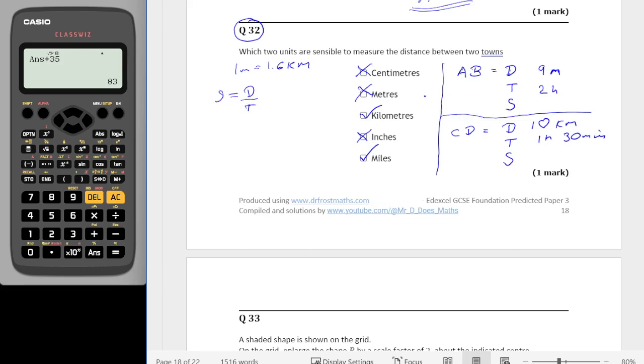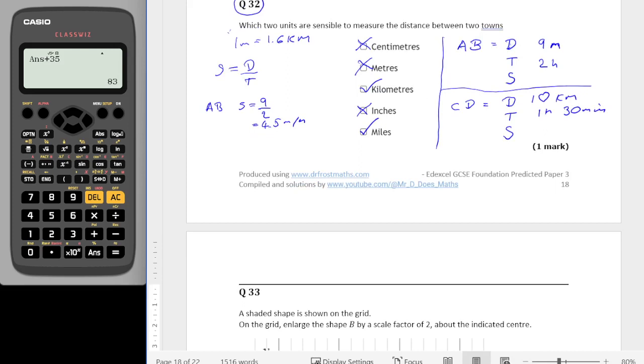So for AB, the speed between A and B is going to be equal to the distance, which is 9, divided by the time, which is 2. So the speed is going to be 4.5 miles per hour. What I've also given you here is the conversion that 1 mile is equal to 1.6 kilometres.